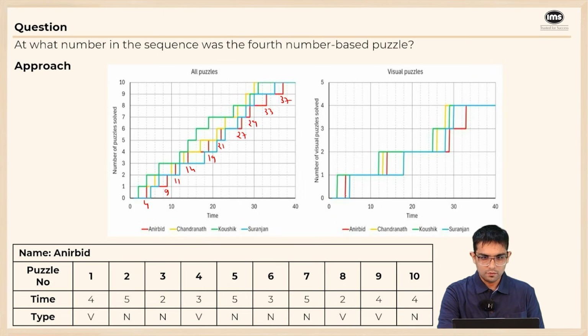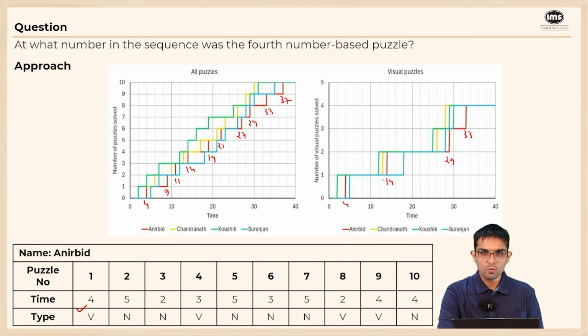Whereas the visual puzzle is 4, then this is 14, then this is 29, and then 33. So the puzzle which is getting over on 4th, which is the first puzzle, so first is definitely visual.